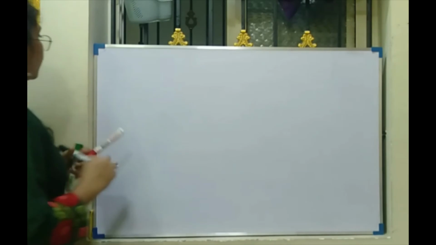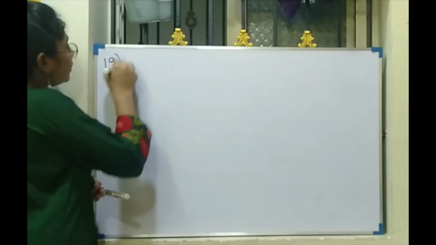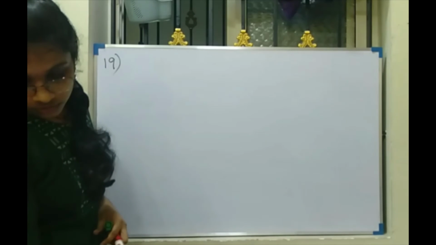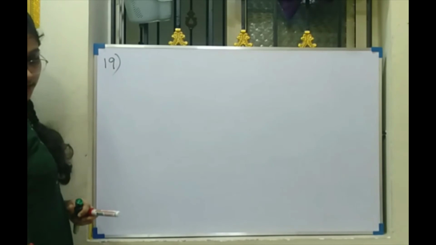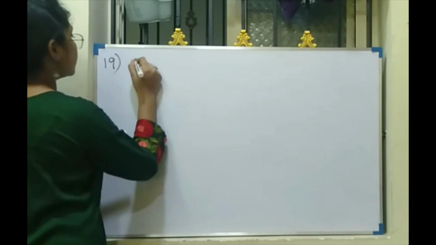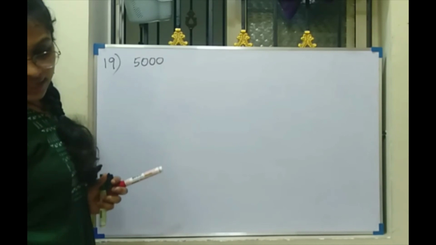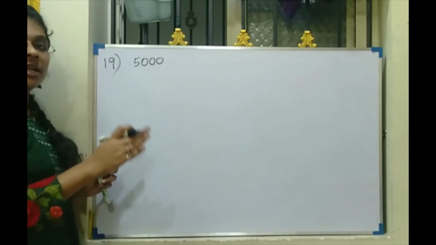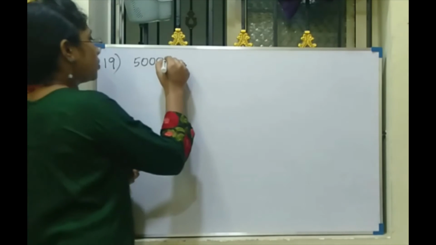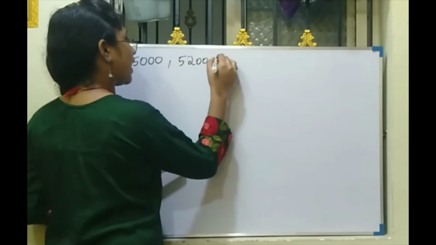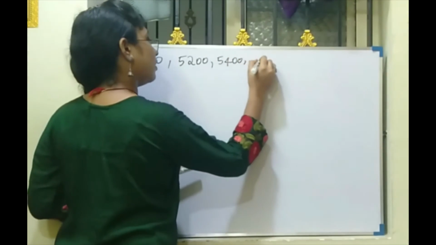Okay, now the starting what? While he started working in 1995, his salary is rupees 5,000, right? And he received an increment each year, so of 200. So the next year will be 5,200 and it will go on like this, right?